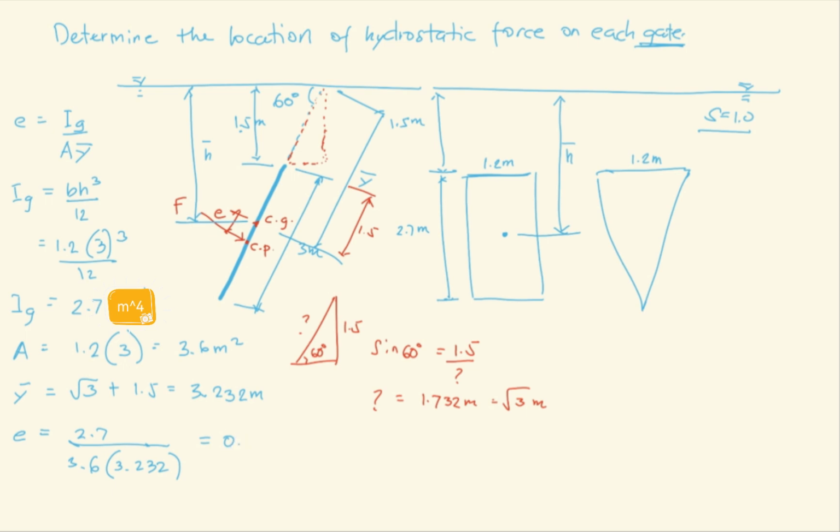So this is 0.232 meters. Okay. This is the distance at which the total effect of hydrostatic force is acting on in this inclined gate. Okay.